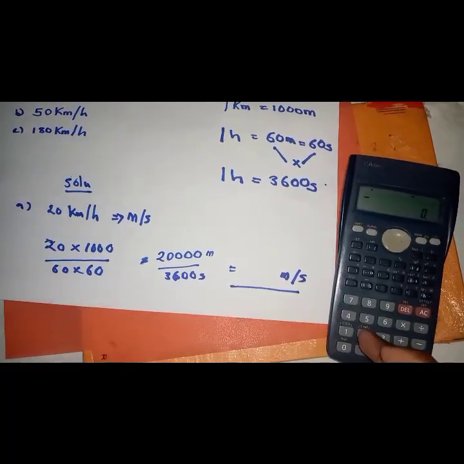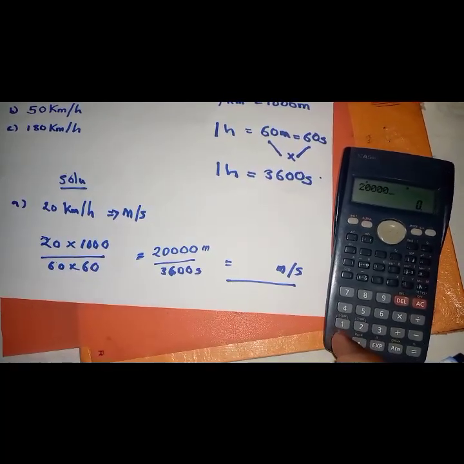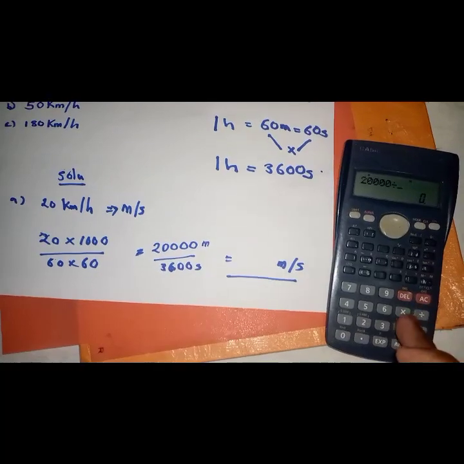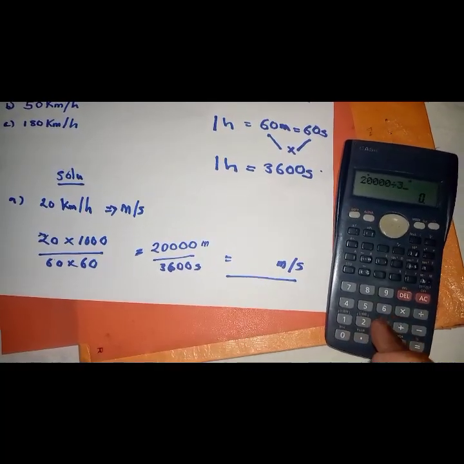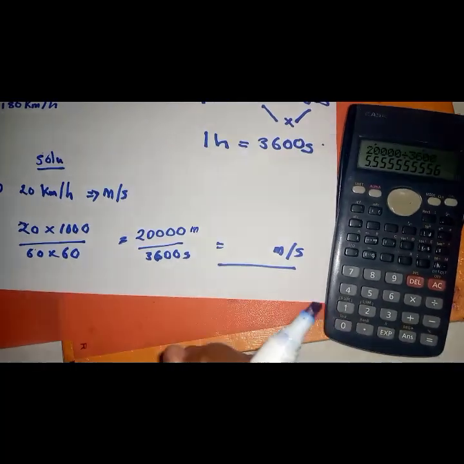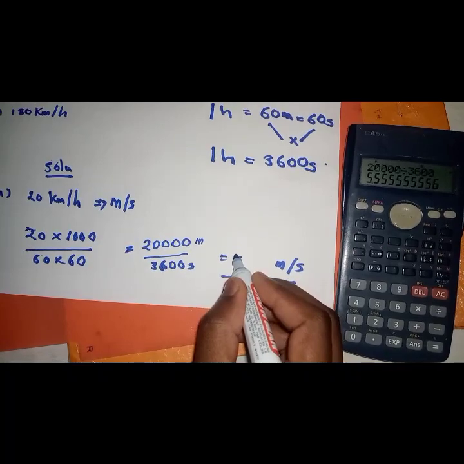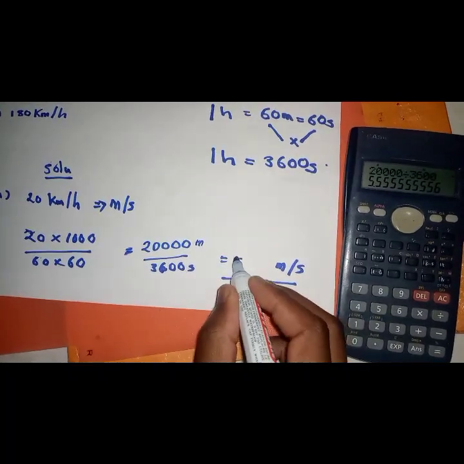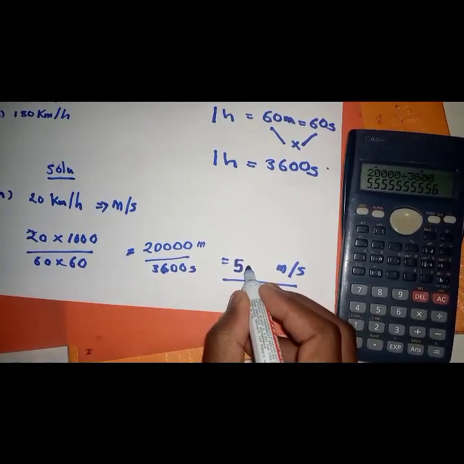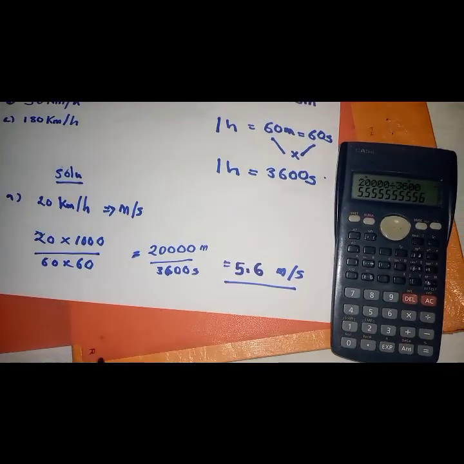So let's work out our value. The value there will be 20,000 divided by 3,600. This is 5.555, so you can say 5.6 meters per second.